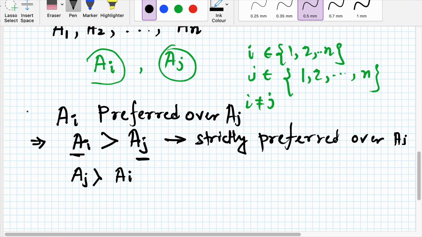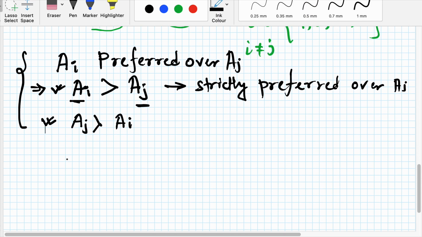Or another thing is possible also: the individual may feel that he is indifferent between ai and aj.